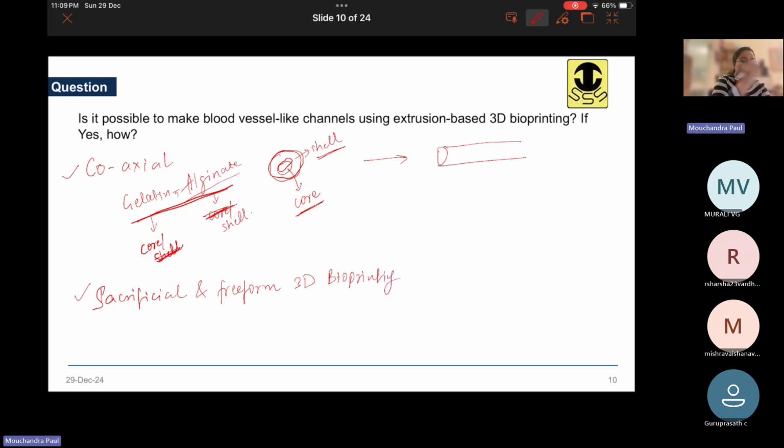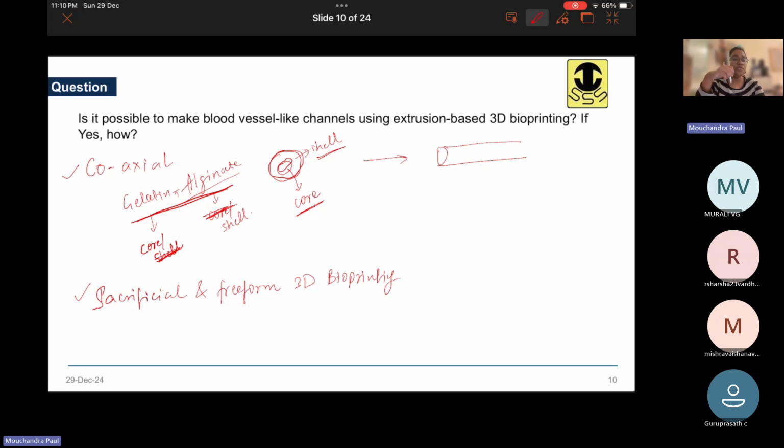Here, we create a support bath of some biomaterial whose rheological properties are defined. Then you prepare a bio ink from the same biomaterial as the support or a different biomaterial. But both of these materials should be shear thinning in nature.